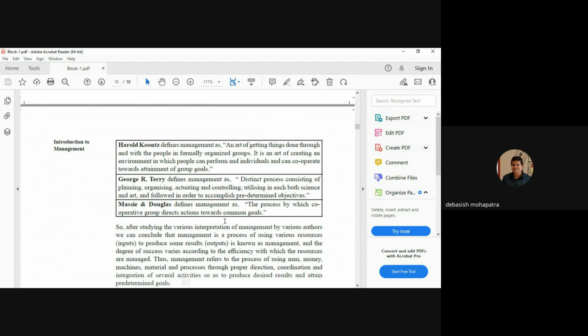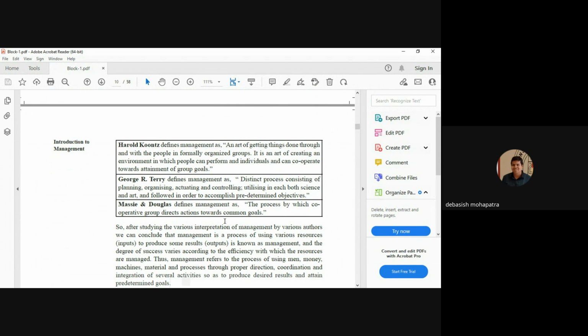Then Harold Koontz defines management as the art of getting things done through and with people in formally organized groups. It is an art of creating an environment in which people can perform as individuals and can cooperate towards attaining a group goal.